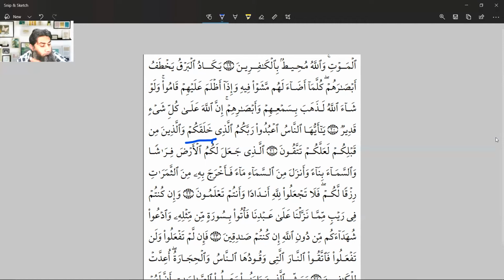And then kuntum. So it's from kana. So tum is the ism of kana. Kuntum is fi'l nakis. And what is the ism of kuntum? The ism of kuntum is anta. Brother, there's one mistake. Who can correct the mistake? It's antum, brother Javed. If it was kuntu or kunta, then it would be one person.